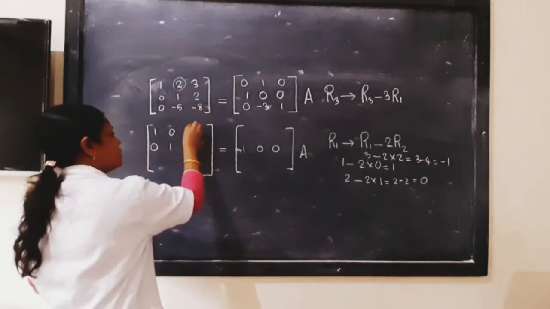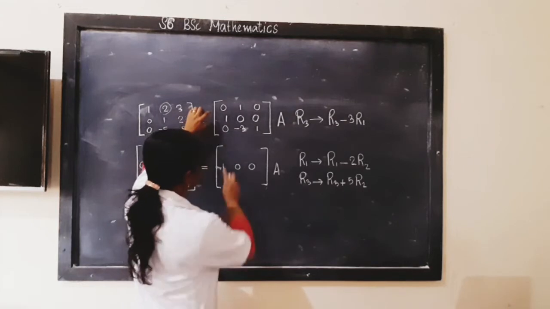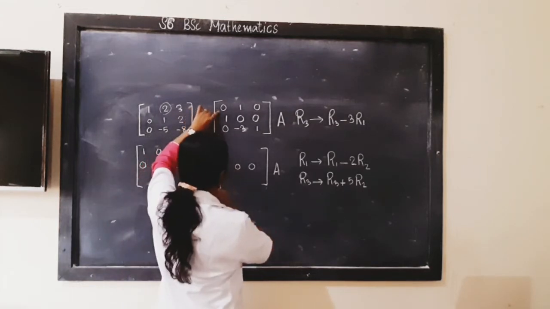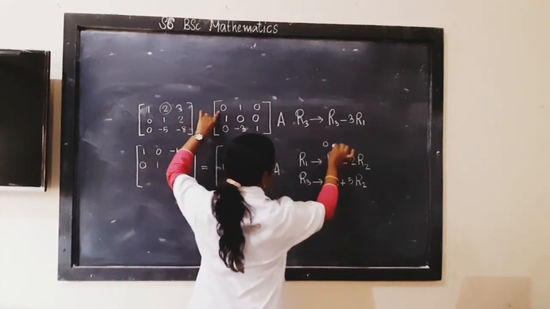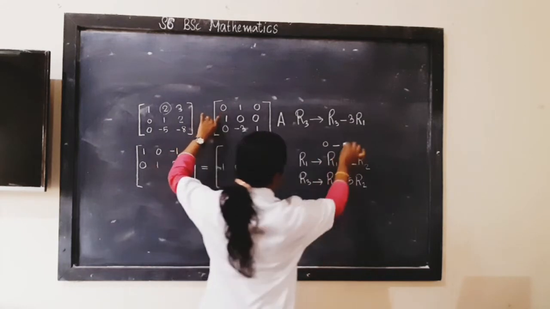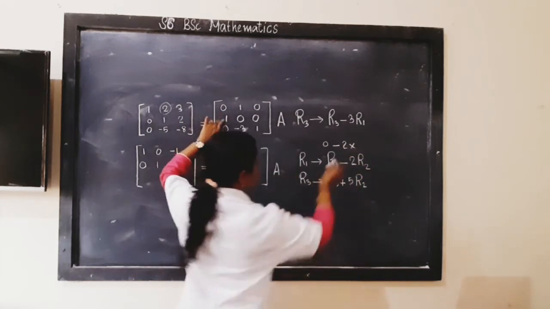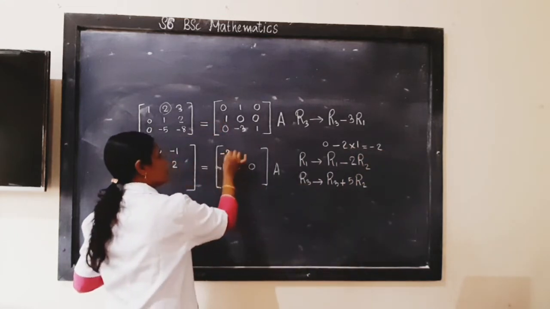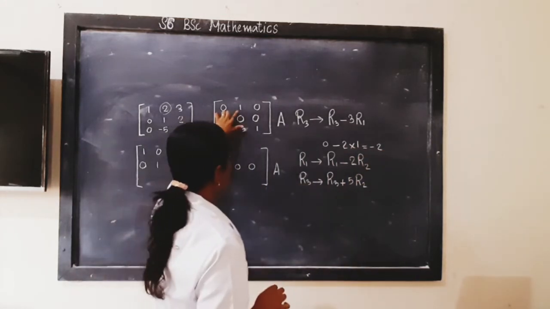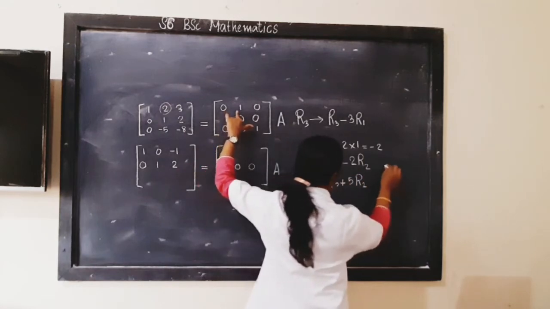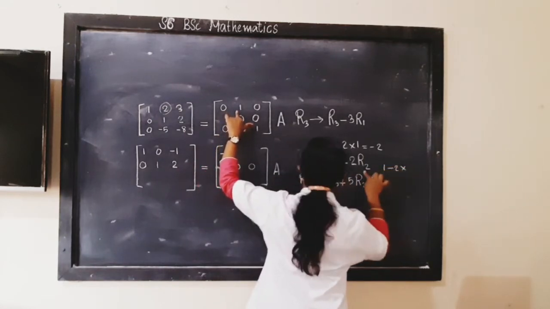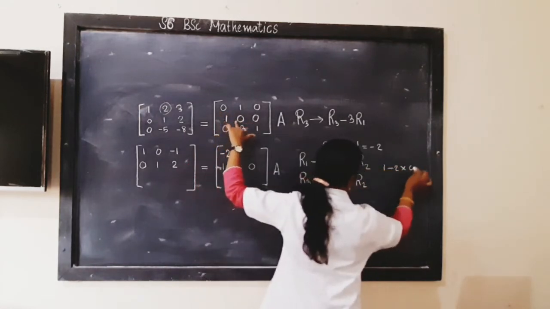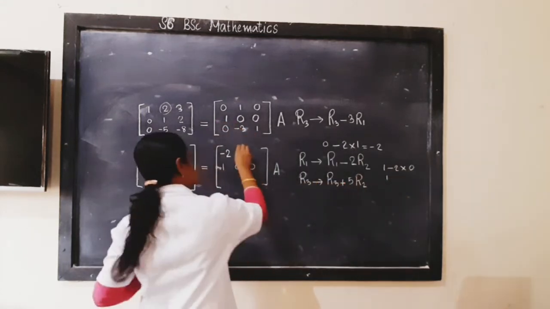Write minus 1 here. Also in this matrix, the R1 first element is 0, so we write 0 minus 2 into R2, which is 1, that is equal to minus 2. We get minus 2 here. Next element is 1, so we write 1 minus 2 into R2, which is 0, so we get 1.